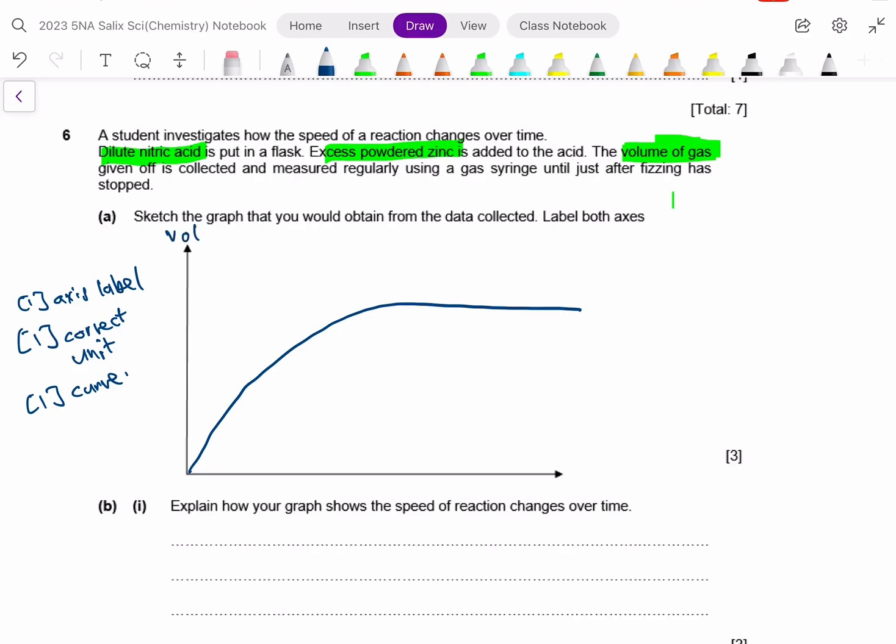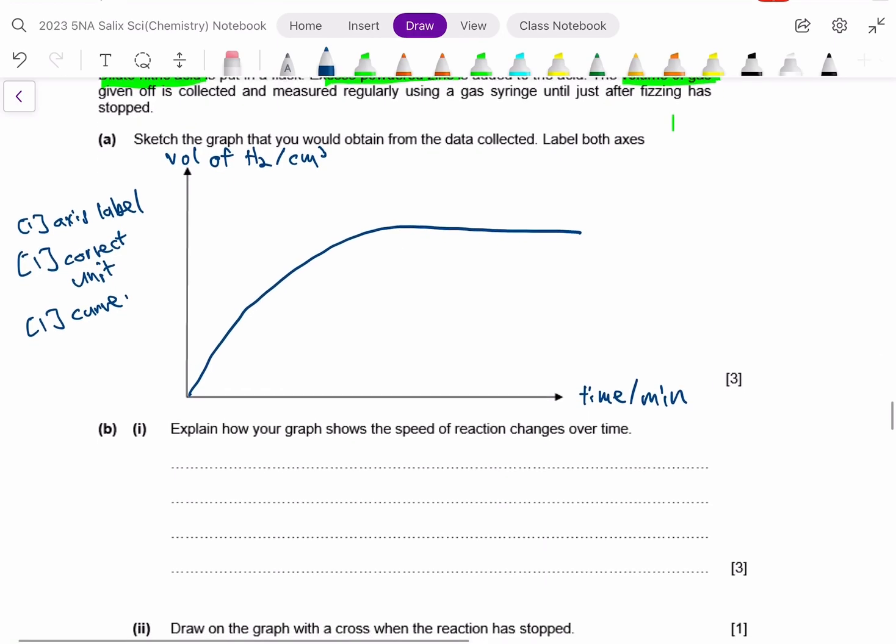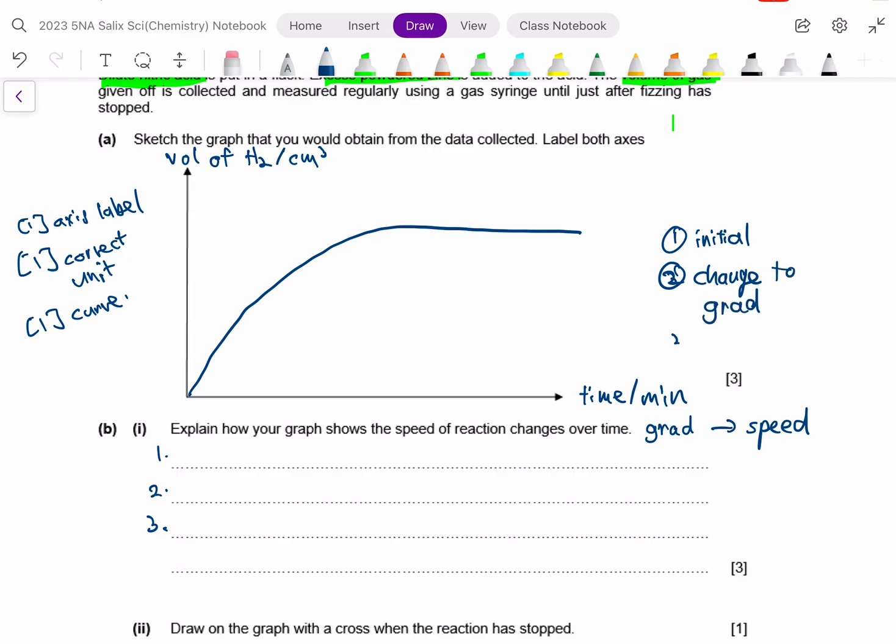The curve will look something like this. Then you have volume of hydrogen, or otherwise gas is good enough, in time/minutes. Then describe how your graph shows the speed of reaction changes over time. Remember what I discussed: use the gradient linked to the speed of the reaction. Break it into 3 parts: what happens initially, any change to the gradient, and then the end of reaction.